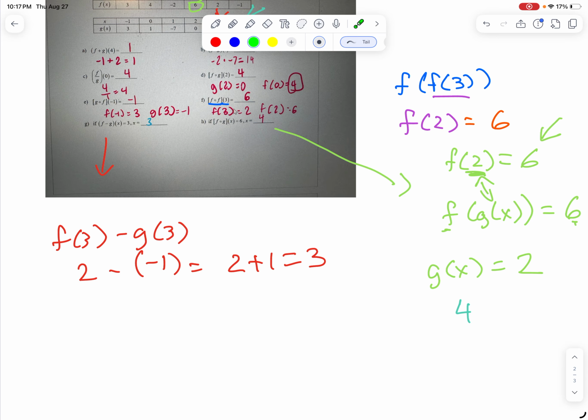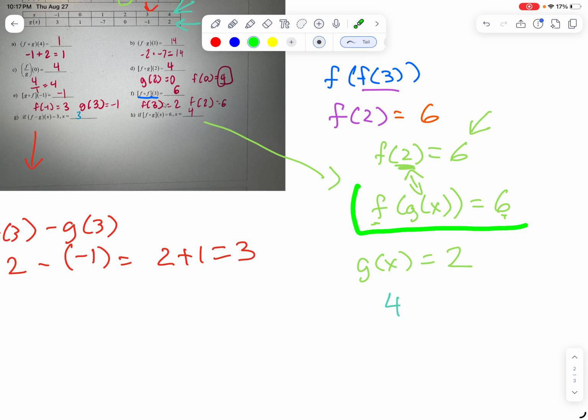The last one's a little trickier. It's asking you to find what x is, and it's telling you initially what the y is. It's saying y is 6. So remember, f of g of x is telling you it's equal to 6. So we're reversing the process. We need to figure out what value of f gives me 6.